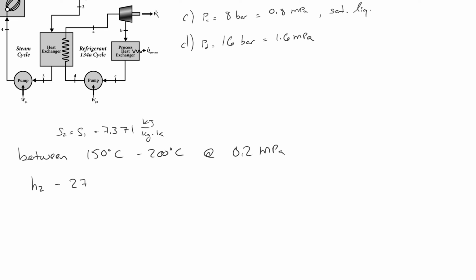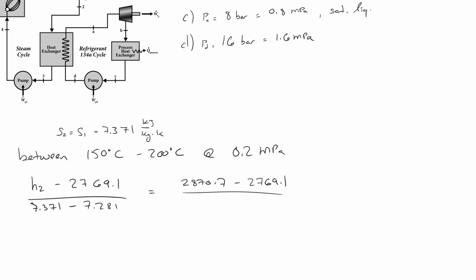Here's the enthalpy value at 150 degrees C, and I'm going to plug in the entropy value that I have, minus the entropy at 150 C. That equals the difference between the enthalpy at 200 minus that at 150, divided by the difference in entropies at those two temperatures.